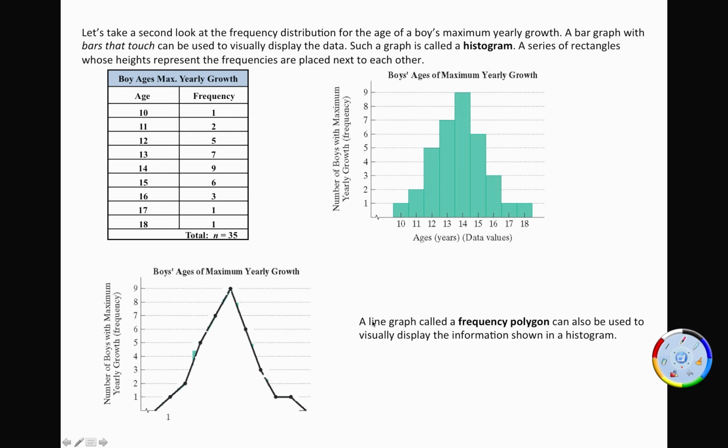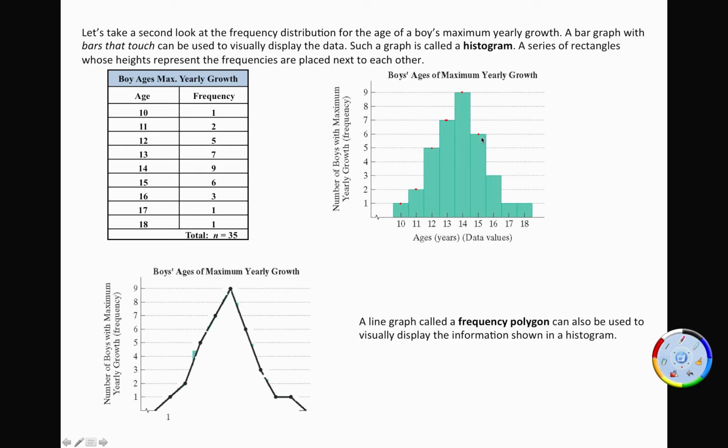A line graph, called a frequency polygon, can also be used to visually display the information shown in a histogram. Once a histogram has been created, it's very easy to draw a frequency polygon. If you already have your histogram drawn, you simply put a dot in the middle of each bar.